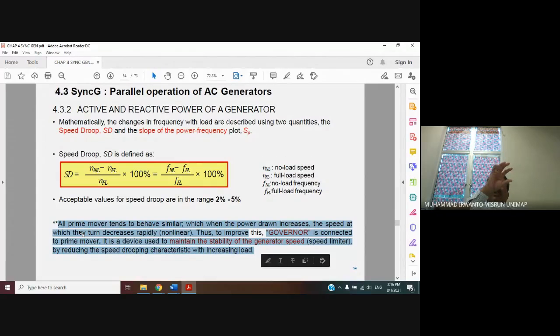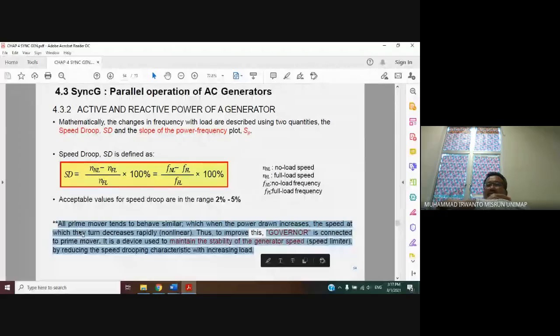It is controlled by something we can call the governor, the overall system. The governor controls the flow of fluid, meaning water, steam, or gas, flowing through this valve and striking this turbine.